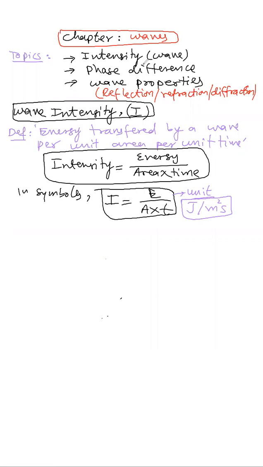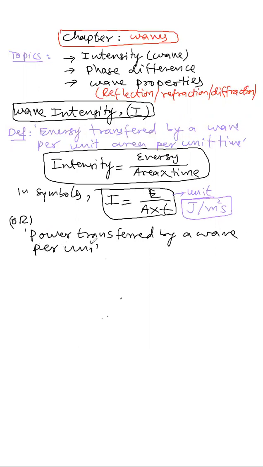Talking about the second definition of intensity, you can also define it as power transferred by a wave per unit area. And about the equation, intensity can be power over area.